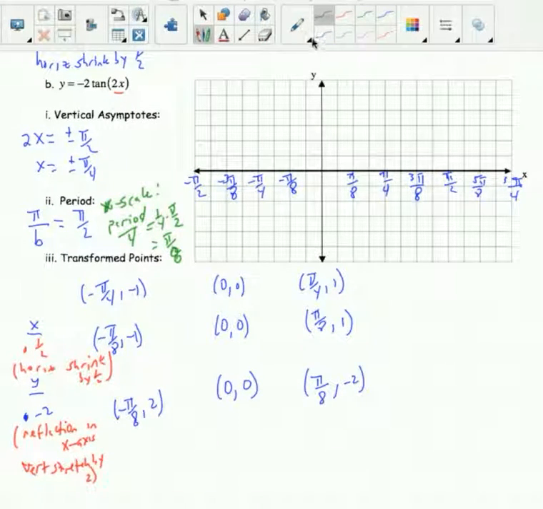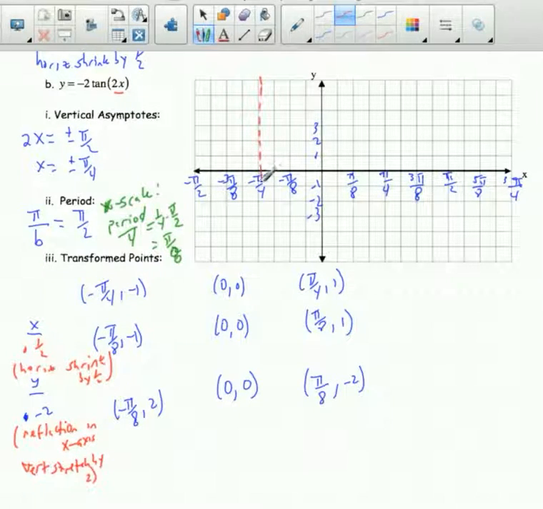On the y-axis, I'll let 1 square be 1 unit. And I'll go ahead and mark that off. So 1, 2, 3, and in the negative direction, -1, -2, -3. And now let's put on our vertical asymptotes. We found those in the base period at x equals -π/4, and then the next one was x equals π/4.